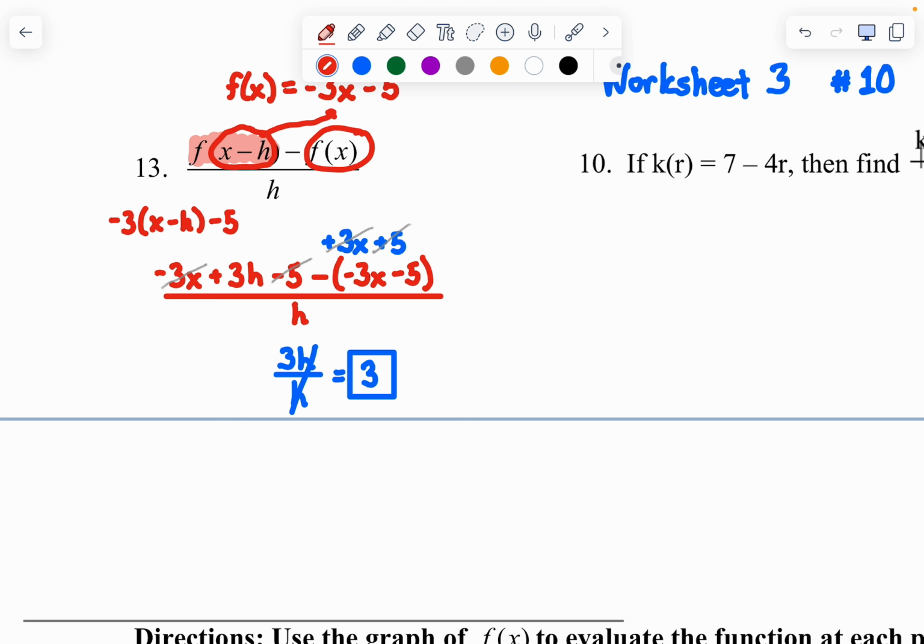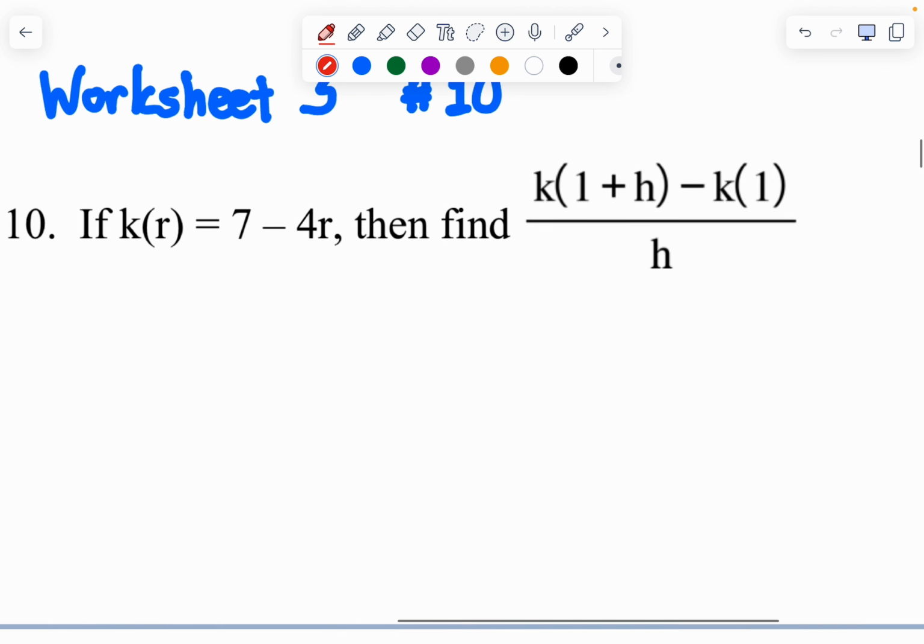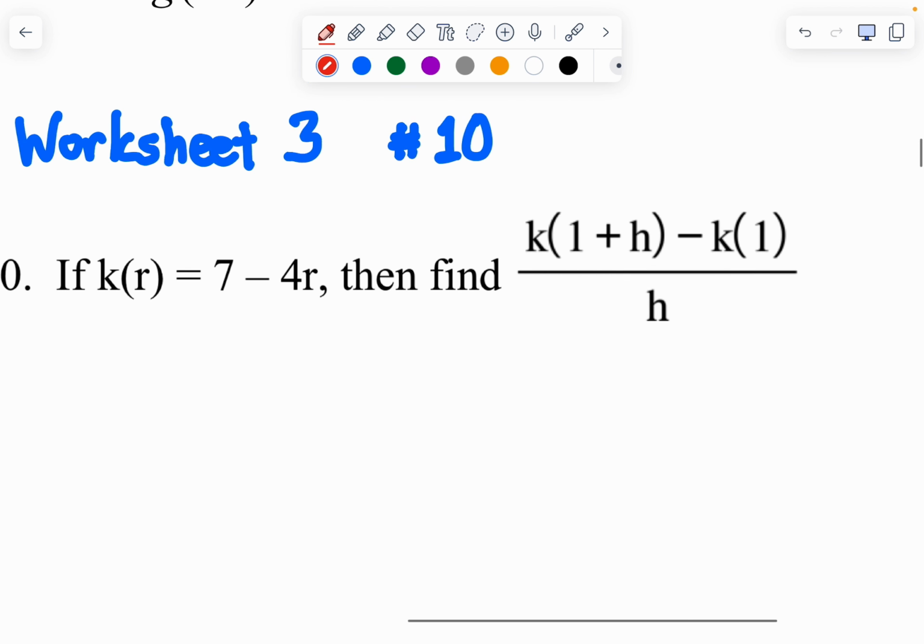Now, number 10 is going to be a little bit dicier because it looks exactly the same, but we have this number 1. I'm going to treat this as kind of two different problems here. So I'm going to evaluate right now this first bit.